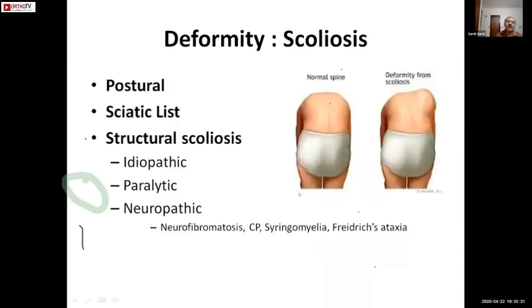For deformity of scoliosis, one should be able to know whether it's a postural scoliosis, or a sciatic list, and whether the scoliosis is structural or non-structural. There are various causes of structural scoliosis, and one very easy method of differentiating is to ask the patient to bend forward as if to touch the front of his foot and ankle.